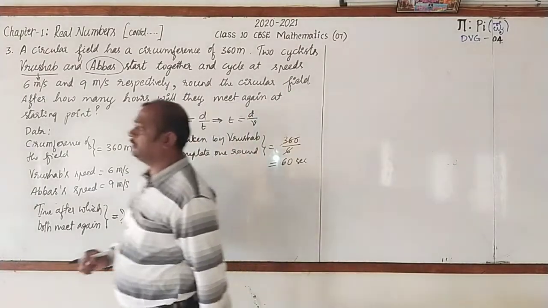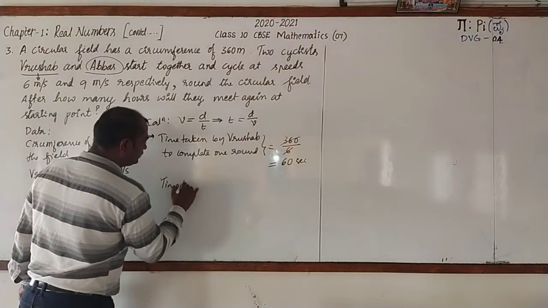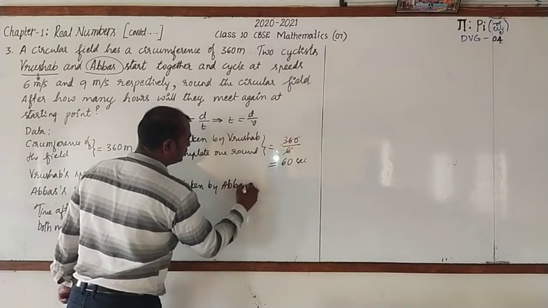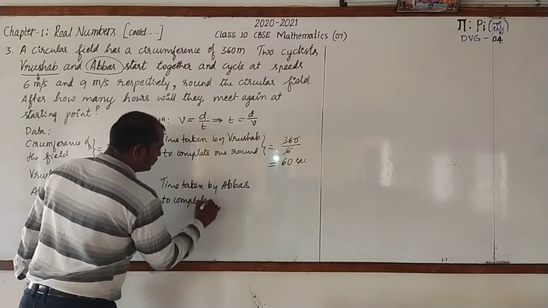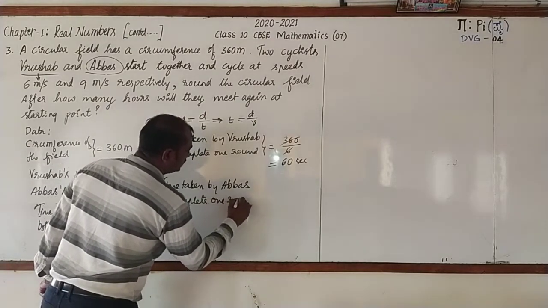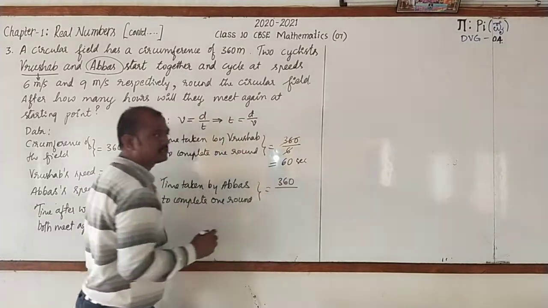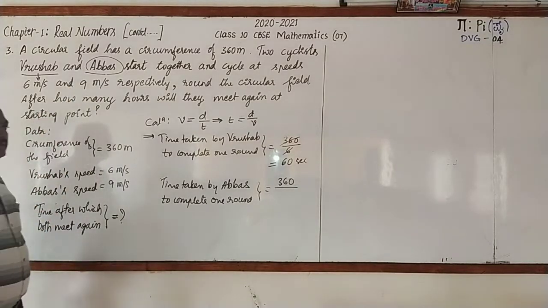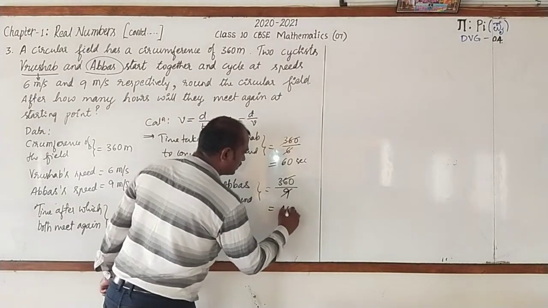What about the time taken by Abbas? Time taken by Abbas to complete one round is equal to 360. This is the distance to be covered by him, one round around the circular field, and he is moving with a speed of 9 meter per second. 9 ones are 9, 9 fours are 36, so 40 seconds.